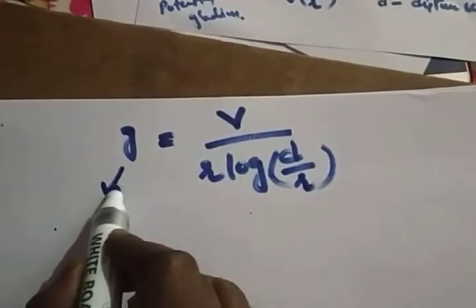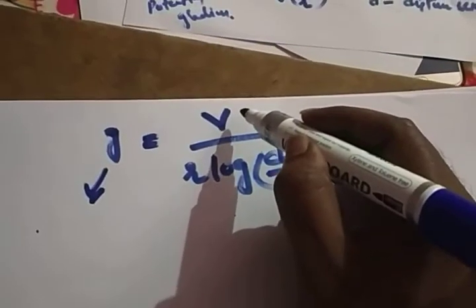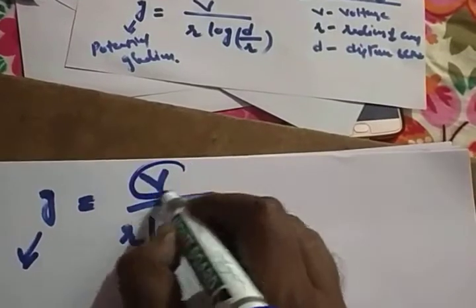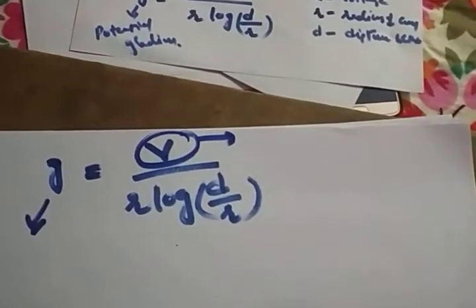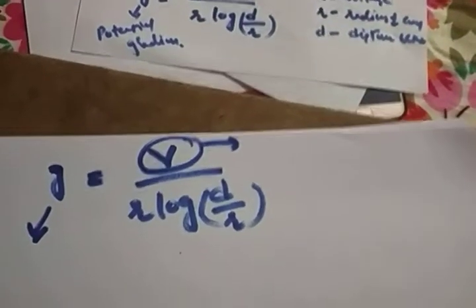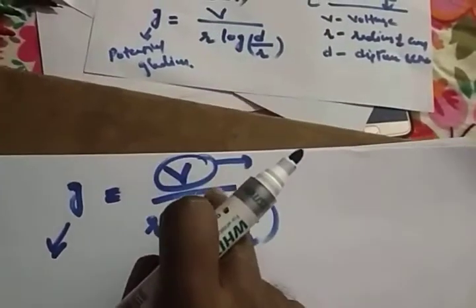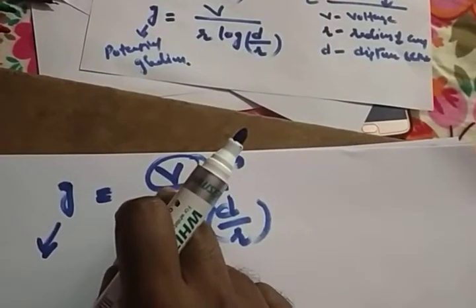At which gradient, how much voltage, will your air break down? That voltage we call the critical disruptive voltage.